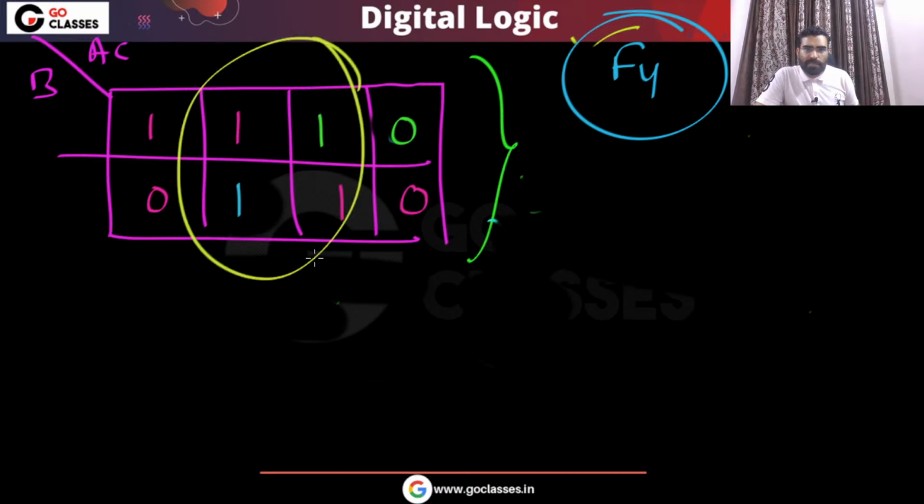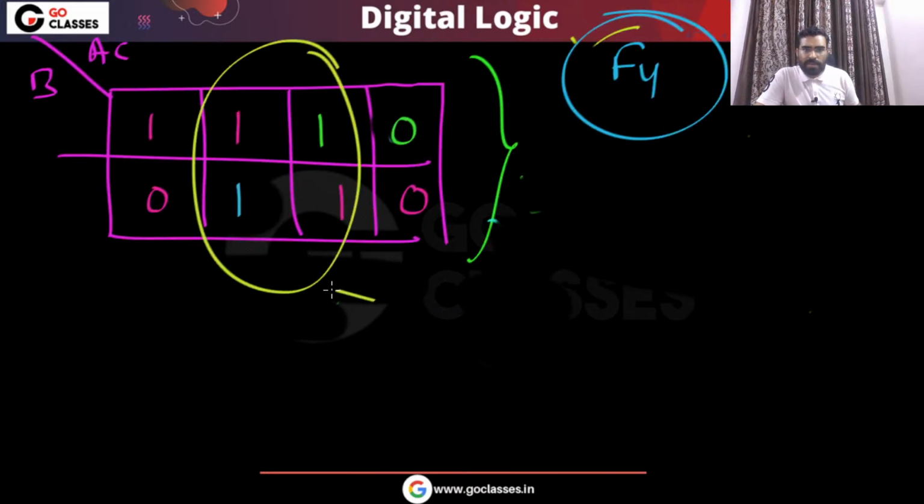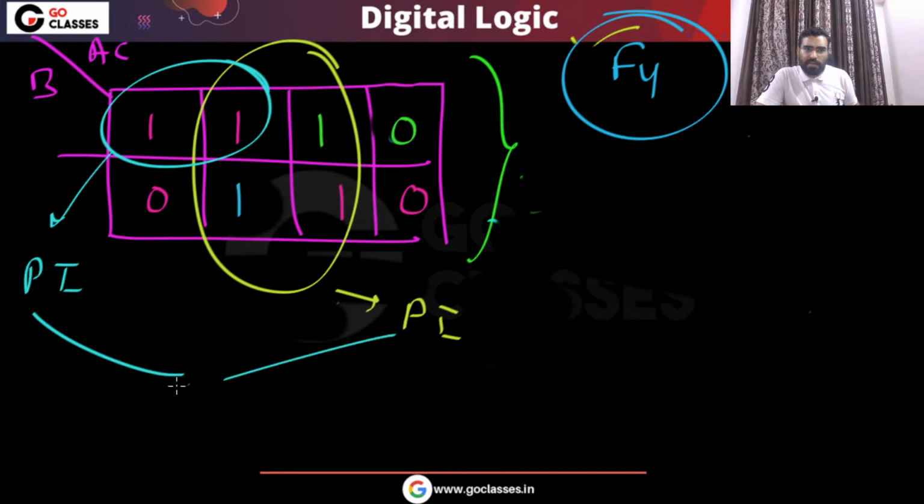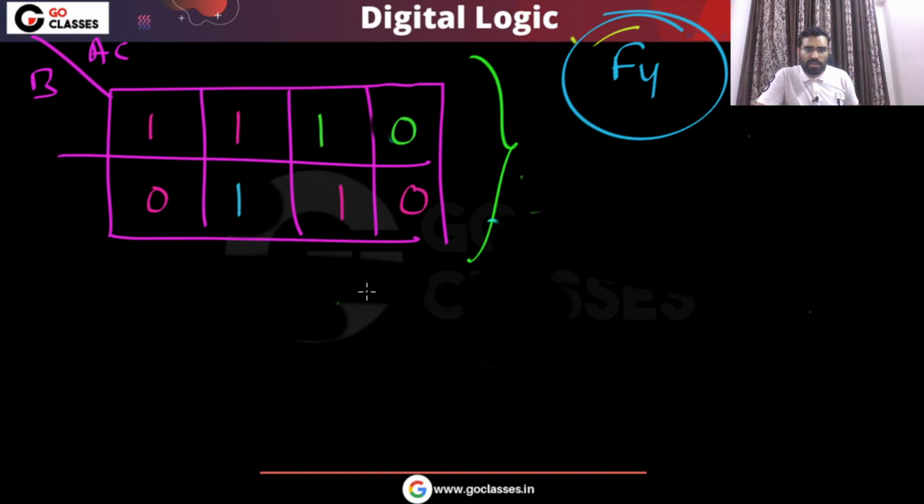In this setting, this is a PI and this is another PI, both are EPI. So this setting will not work. This is not a correct setting for F4.